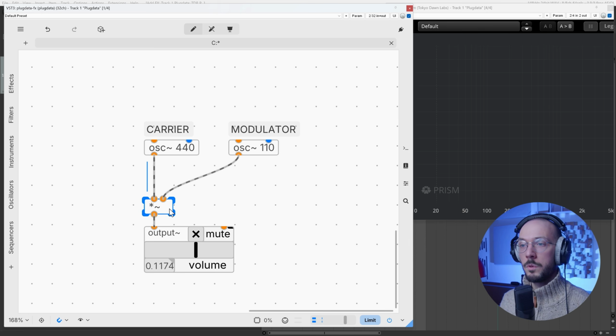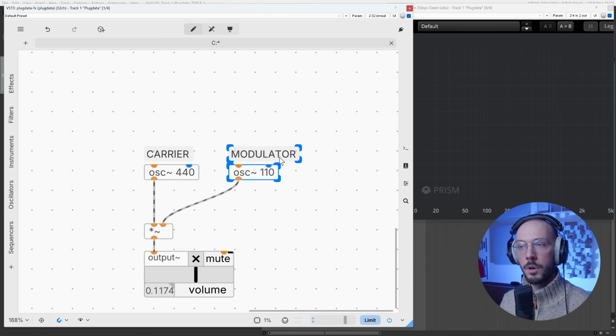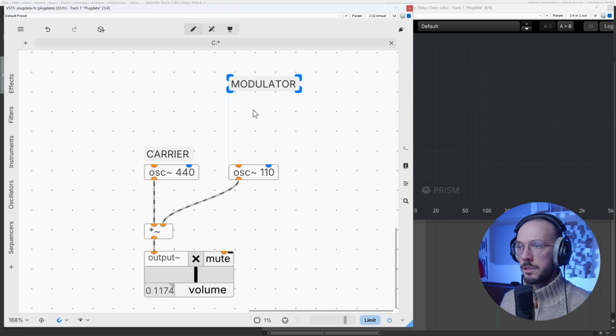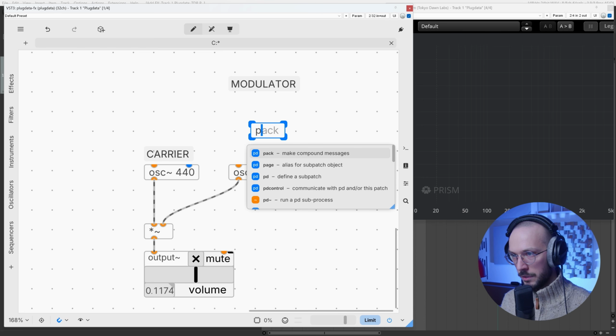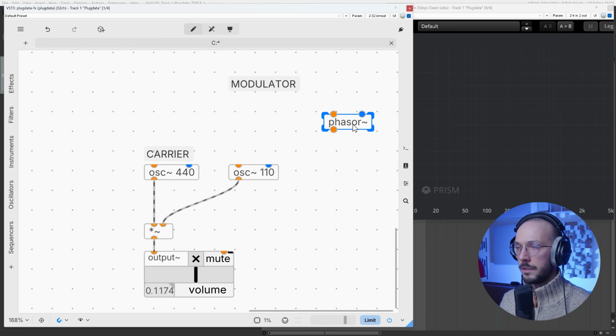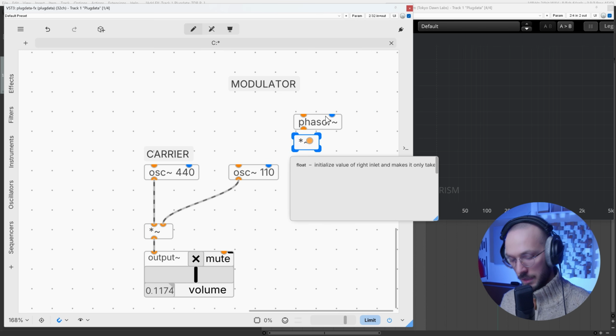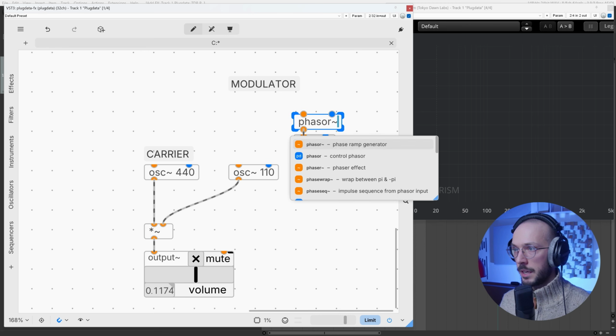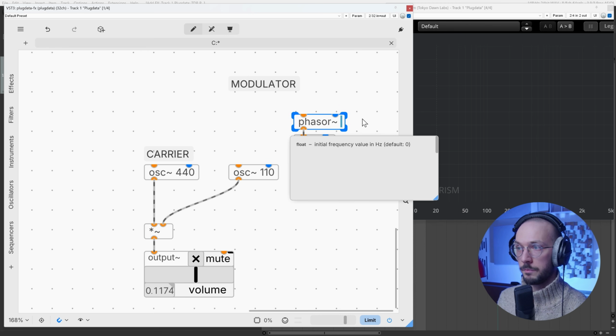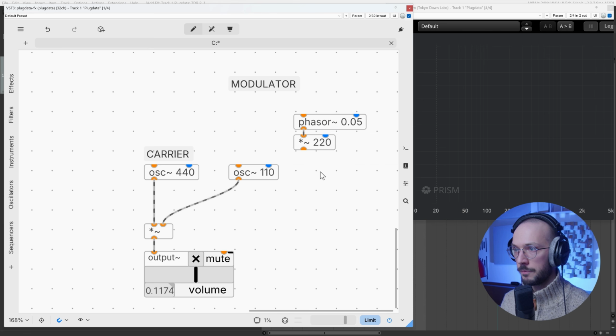Let's take a look at what happens if I gradually increase the frequency of the modulator. So we can start with a very low frequency and raise it to a higher value. I'm gonna use phasor. This outputs a linear ramp from 0 to 1, so I can multiply its output by 220, and I can set the phasor frequency to a very low value like 0.05.